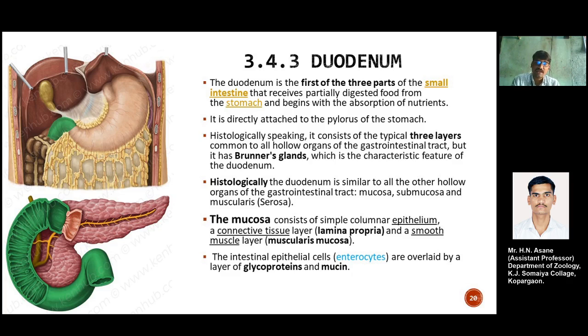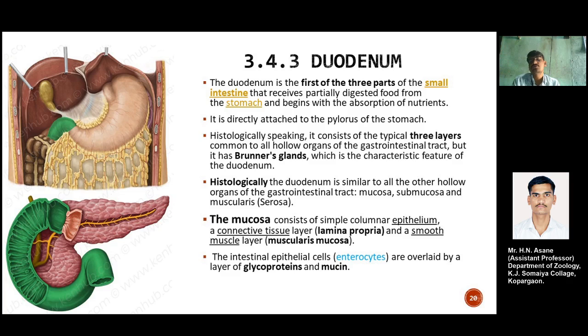Histologically, it consists of three layers, not all four layers. It consists of the three layers common to all hollow organs of the gastrointestinal tract.